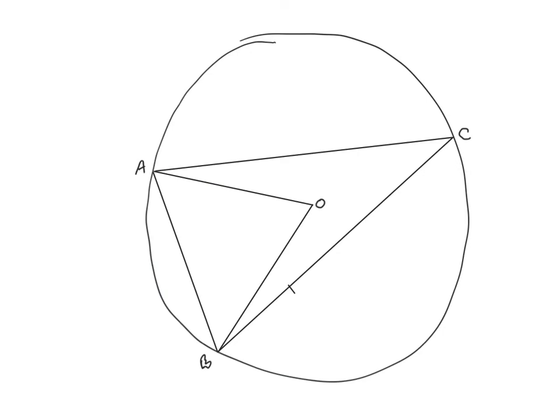Now, how can we prove this? Well, we're going to do what we did once before: a construction. We're going to add a line that goes from C through the middle of the circle, like that. And then we're going to do something really simple, but it proves the theorem.